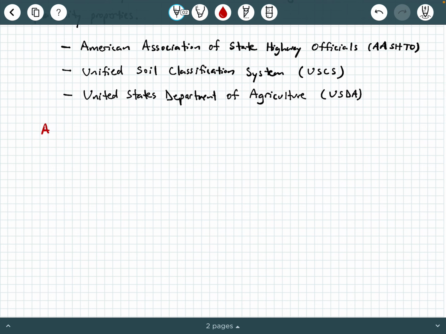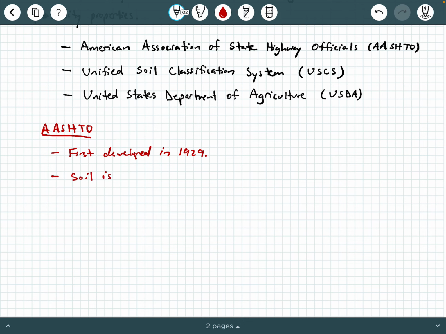So we're going to write here AASHTO. Now, the AASHTO system was first developed in 1929, all right? And basically how it works is this.